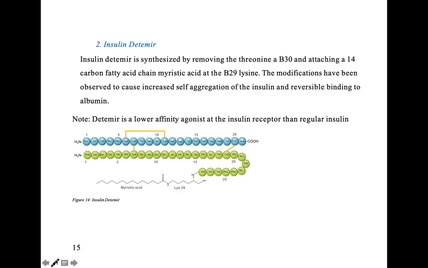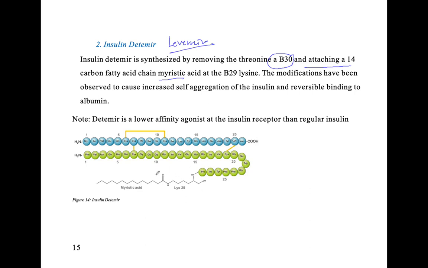All right, insulin detemir, also known as Levemir. It is synthesized by removing the threonine at position B30 and attaching a 14 carbon fatty acid chain, myristic acid. So let's take a look at this here. 25, 26, 27, 28, lysine 29.